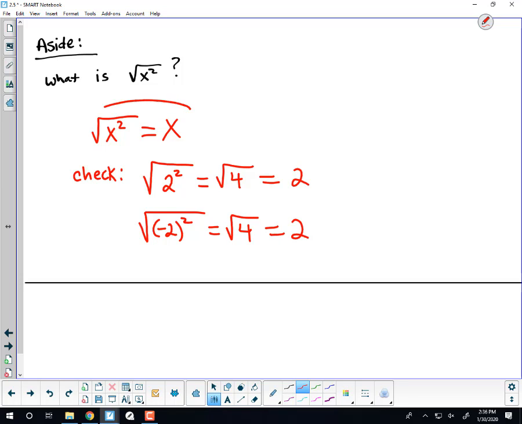So if this were true, this would say that this has to equal negative 2, right? The square root of something squared has to be the same thing as you plugged in. Of course, we know that's not equal to negative 2. So the square root of x squared is not x. It's the absolute value of x.